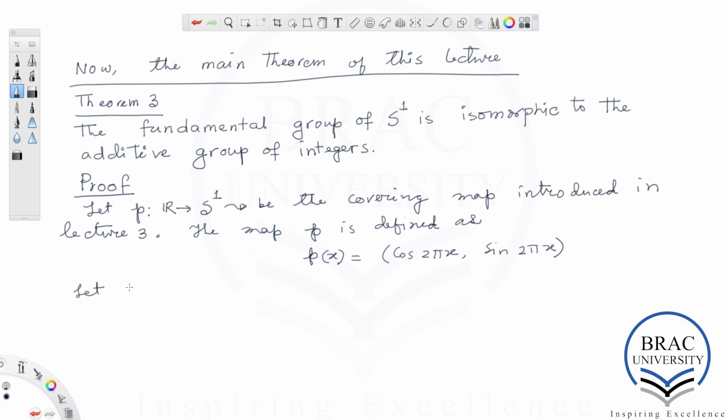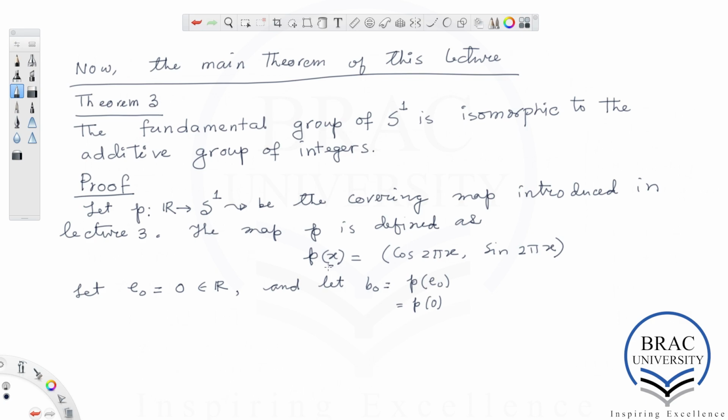Let also E0 be equal to 0, which is the origin of the real line. That's the point E0 in this case, and the base point here is taken to be the point (1, 0) on the circle, which is P of E0, or in other words, P of 0.